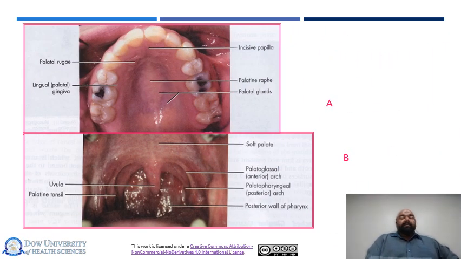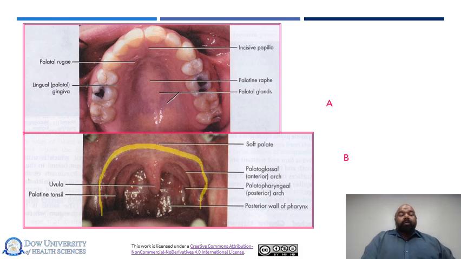Okay, now we'll look at how our mouth communicates with the pharynx, with the airway. So we have a soft palate here, and just where the soft palate ends, there's a palatoglossal arch.